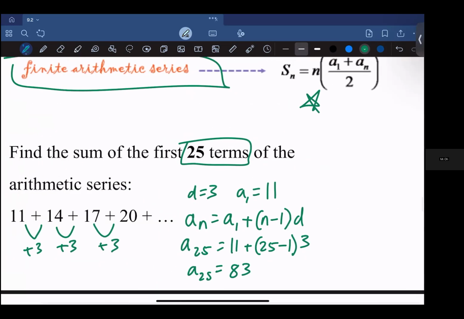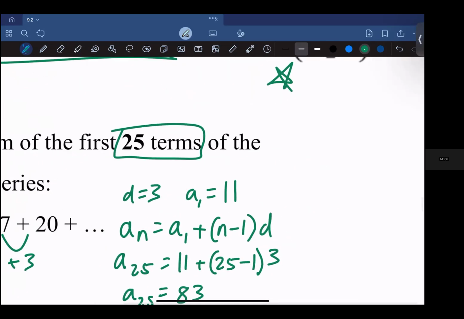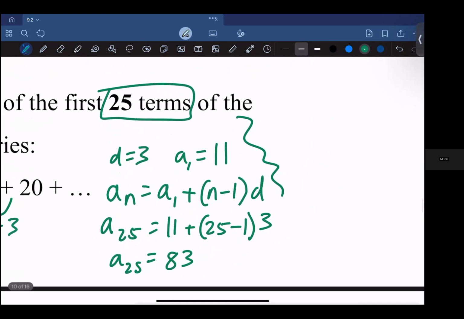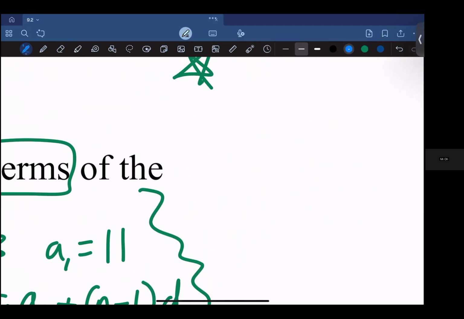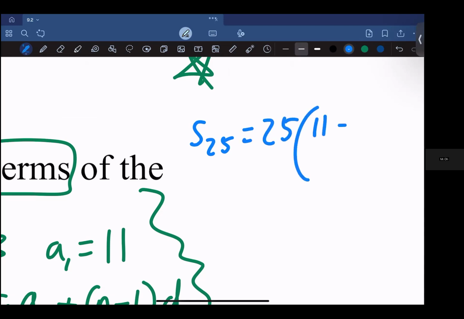My last step is to use this information. Let me section this off a little bit. Now we want to utilize the arithmetic series formula. So we're going to have S of 25, using the equation of the series. S sub 25 is equal to 25 times 11 plus 83, over 2.